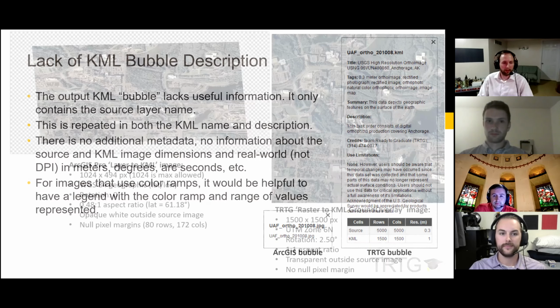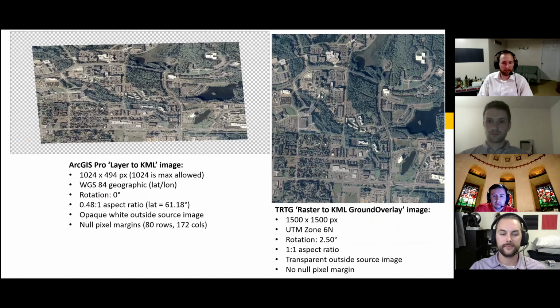And then here we have both ArcGIS Pro's Layer to KML image output and then our image output. As you can see on the left, Esri's output provides a very stretched image with no rotation. It creates a bunch of null pixel values for the margins.